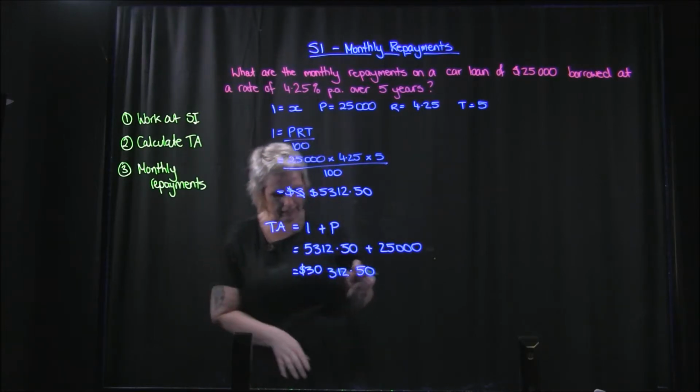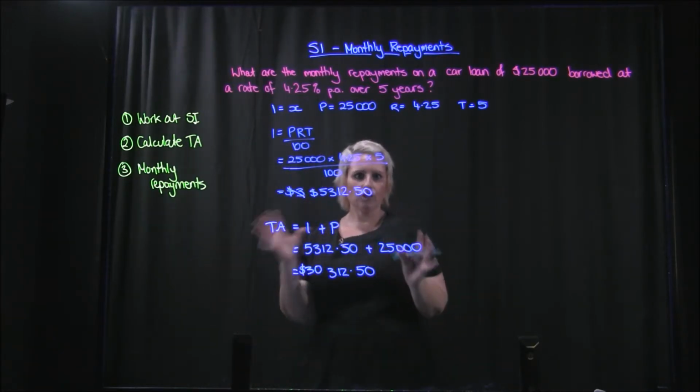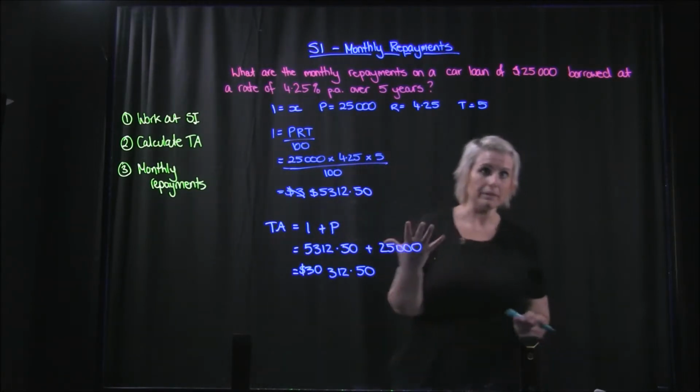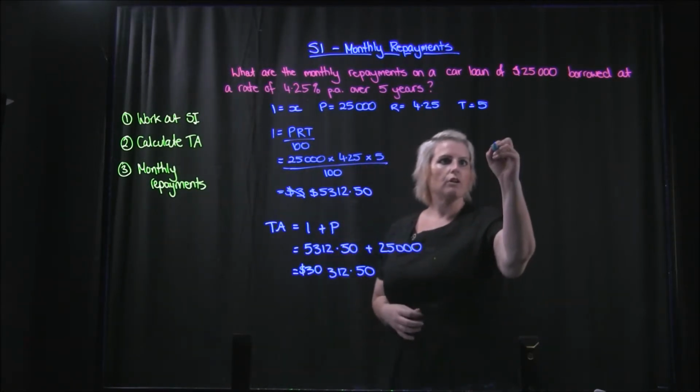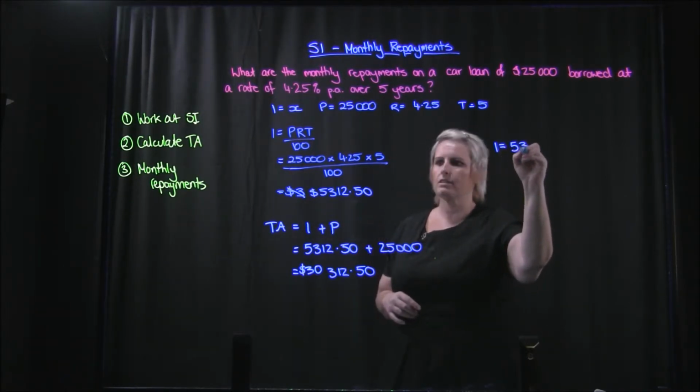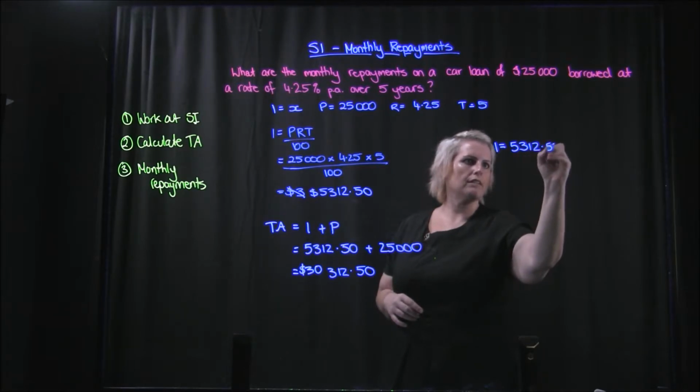Okay, so finally, I need to look at monthly repayments. Now the difference here is when I identify the different amounts, monthly repayments means I need to be splitting time into months. So my interest is $5,312.50.